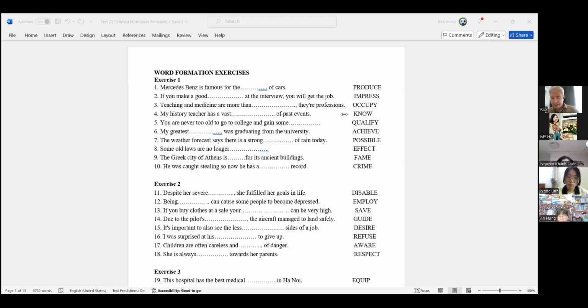Third is saving. 14 is guidance. 15 is desirable. 16 is refusal. 17 is unaware. And 18 is respectful. Okay. You have 7 out of 8, Kang Ewan. Only 1 wrong.